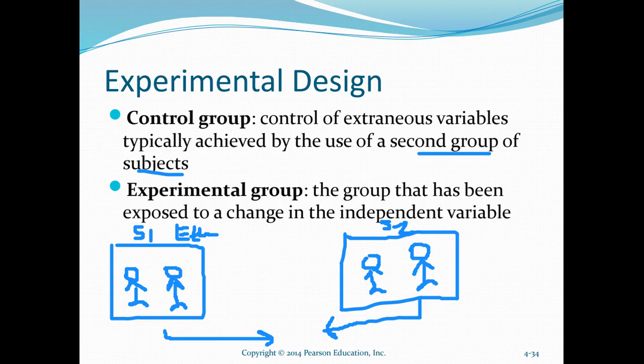So the experimental group basically is subjected to independent variables, like in hospitals, say there's a new medication, you try to test the new medication. So you will be testing on the experiment group, or you are trying to test new fertilizers, or you are trying to test a new teaching method.